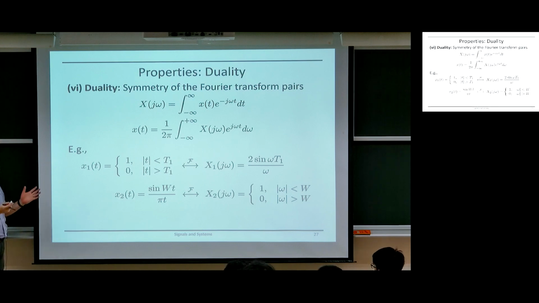Other than that, it's exactly the same. So you would sort of expect a symmetry going from time domain to frequency domain, or from frequency domain coming back to time domain.